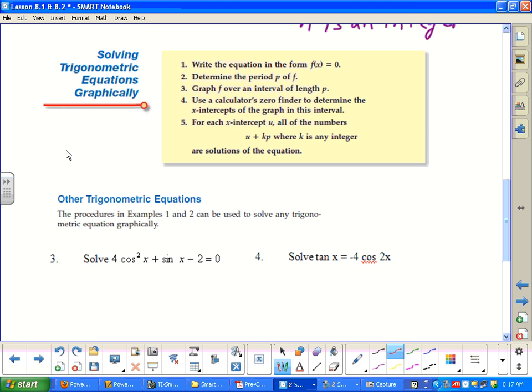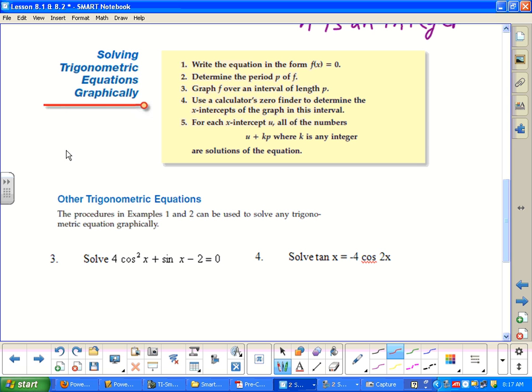Part of the reason the intercept method is better is because sometimes those intersection points are not very easy to see, but finding the zeros is usually really easy to see. So the intercept method is much easier in some cases, just because finding zeros is easier than finding intersection points when you can't see them very well.